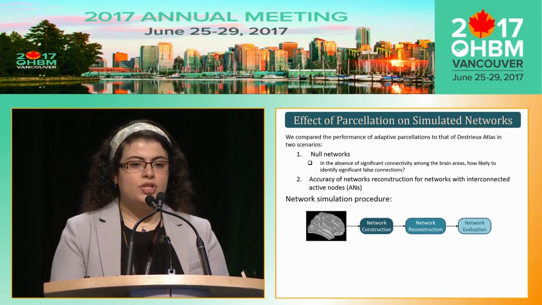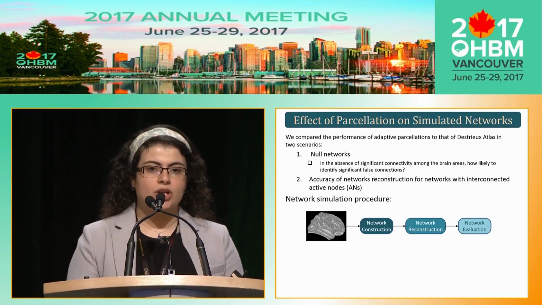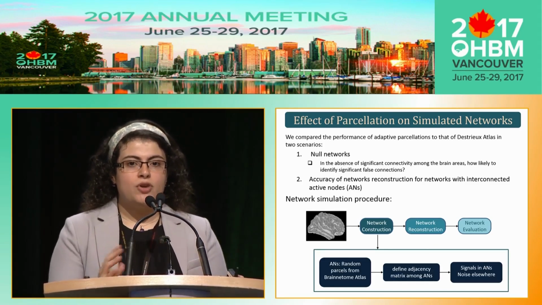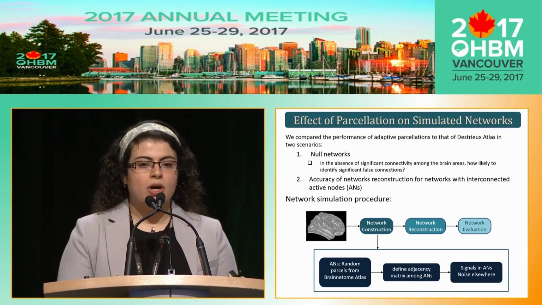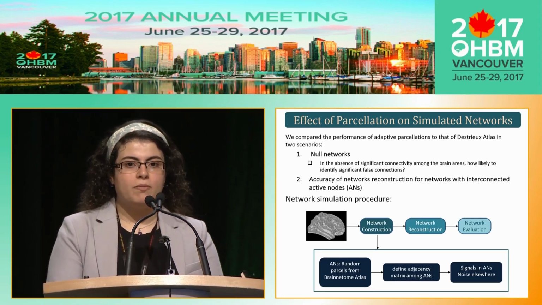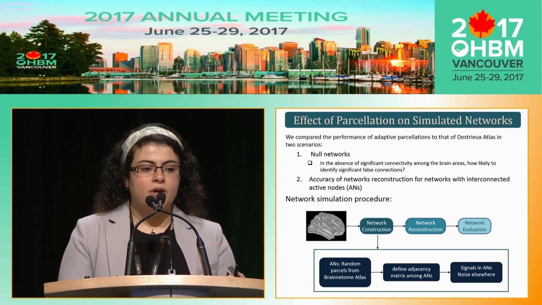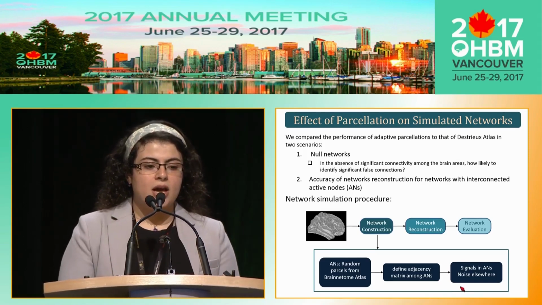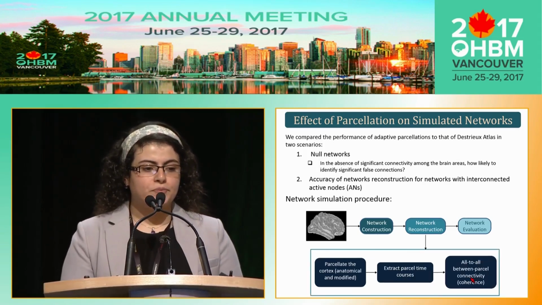Our simulation procedure consisted of three different steps: network construction, reconstruction, and evaluation. During network construction, in order to have no bias in favor of any of the parcellations, we randomly drew active nodes by selecting parcels from a functional brain atlas, which you might have heard about in yesterday's talks. We defined a connectivity matrix between those active nodes, and we simulated signals in the active nodes and noise everywhere else in the brain.